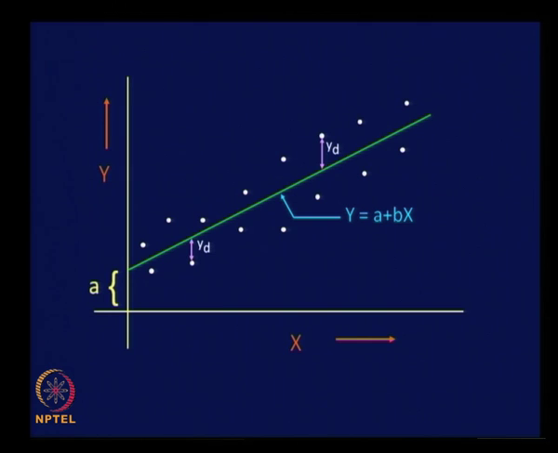We generally name the deviations as yd, but the deviations are in opposite directions. They have positive and negative signs, but we want to ensure while fitting this straight line that the sum of the squared deviations is minimum.